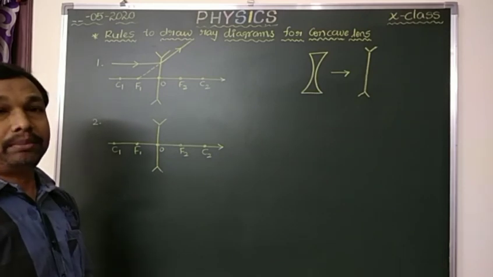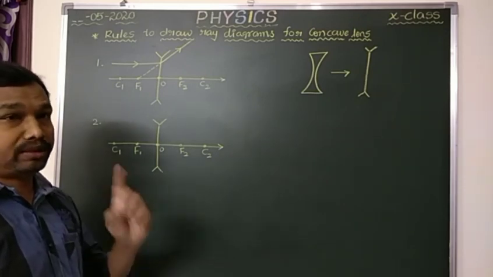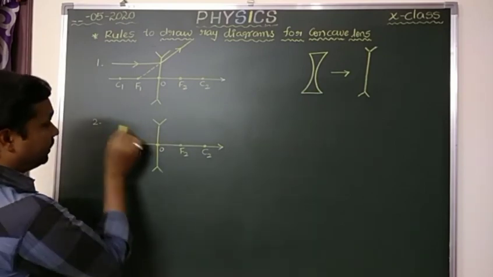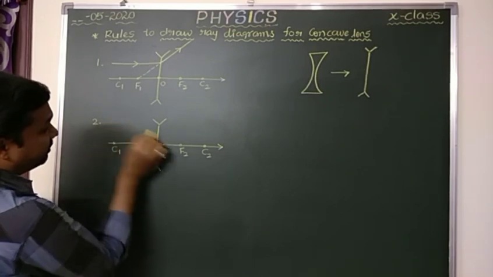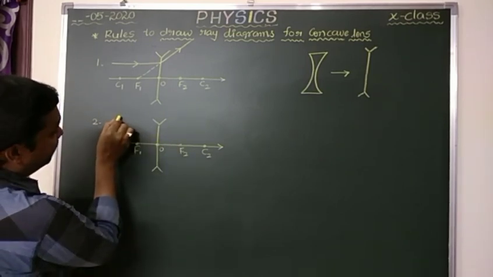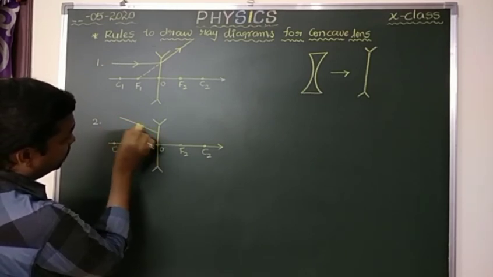Second rule: if a light ray appears to be coming toward the focus, what happens to the light ray? Here I am considering one light ray which appears to be coming toward the focus.